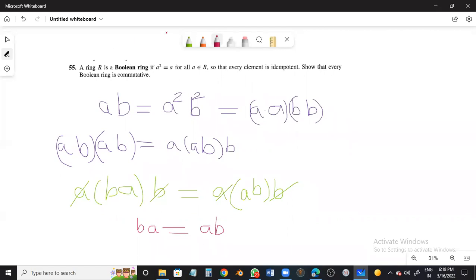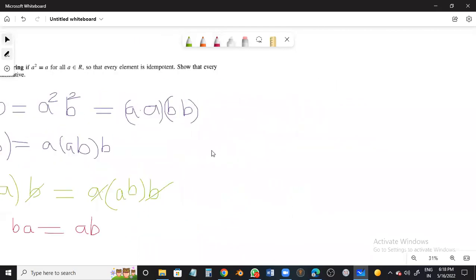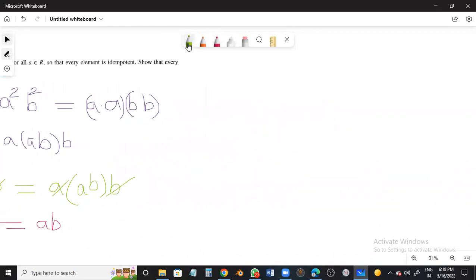If not understood, I would like to once again go over it. I would like to help you. See, AB, we said it is A square into B square. Now I'll write it as what? A square I can expand as A into A. Do all of you agree? B square I can write as B into B. So that is what I have done. Now let me use the associativity.